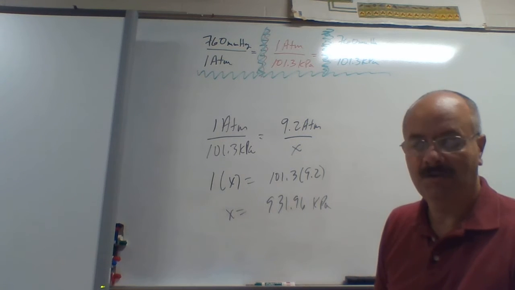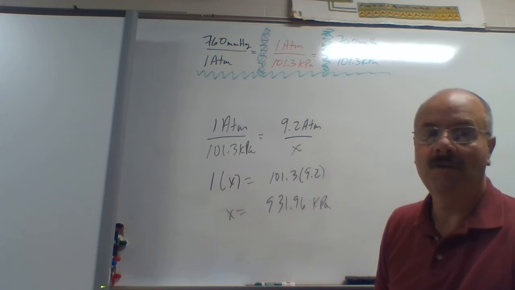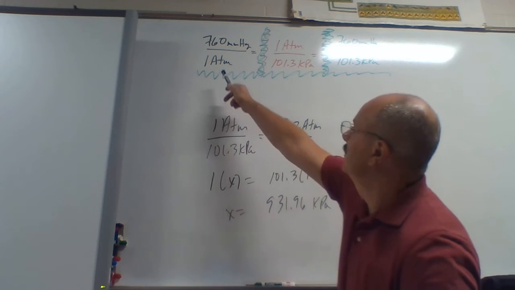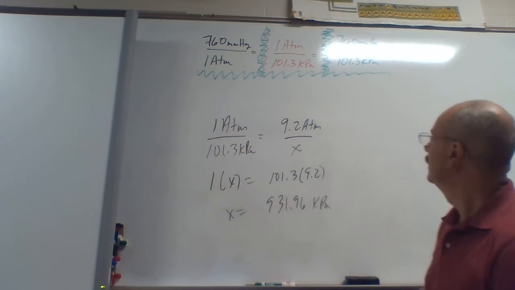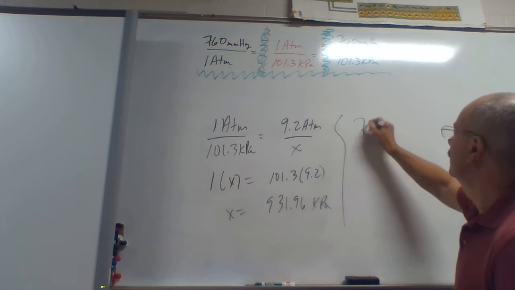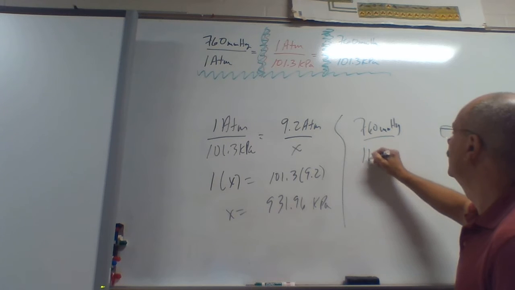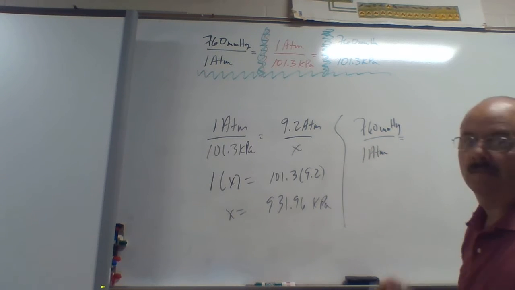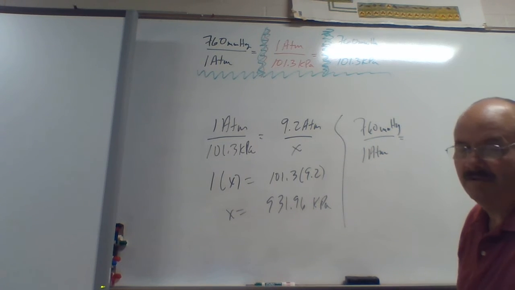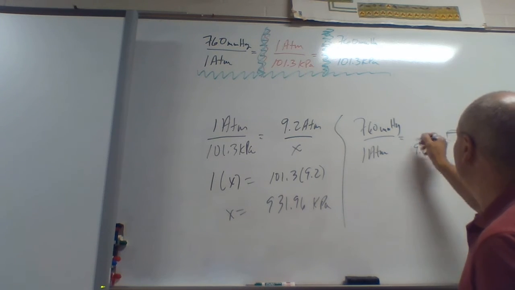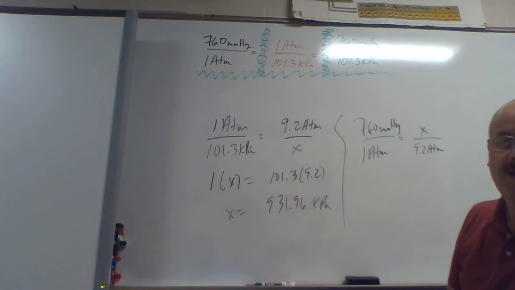The second half, we're supposed to do it atmospheres to millimeters of mercury. So atmospheres to millimeters of mercury, that's the first one up here, the black one. So we're going to go 760 millimeters of mercury over 1 ATM equals, and again, we've got 9.2 atmospheres, so that's on the bottom where atmospheres are, and X goes on the top.